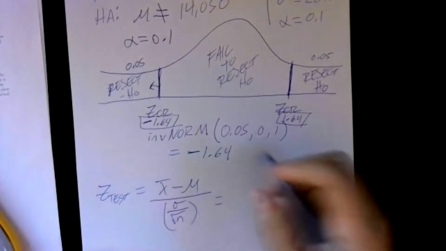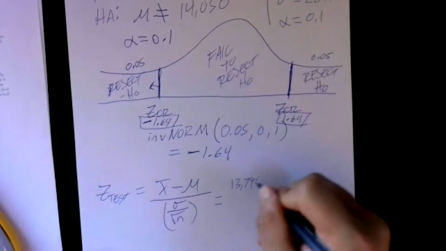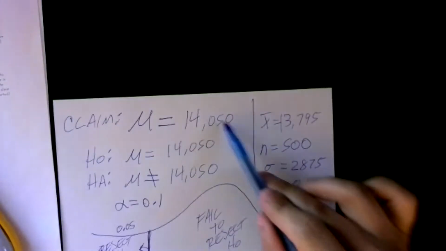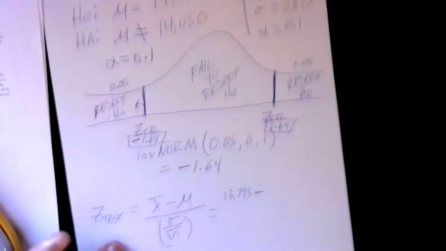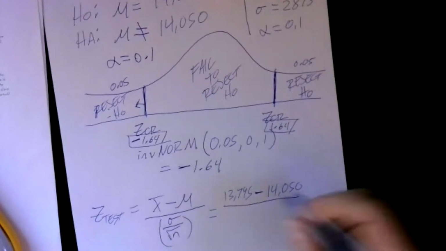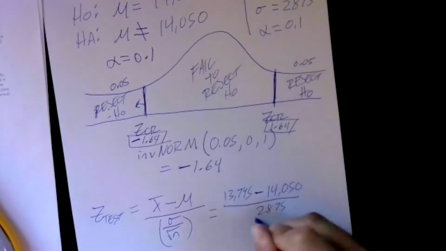Sample mean 13,795 minus, remember, population mean is assumed from the claim. So we're going to assume $14,050. Sigma is 2875. N is 500.